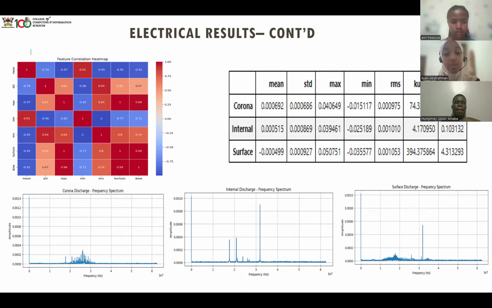For the internal, the spectrum shows us multiple peaks across different frequencies, indicating a more complex signal structure. Whereas for the surface, when you look at it very carefully, we see both a strong spark and a broad spread of the frequencies, reflecting a combination of burst-like and noisy behavior.